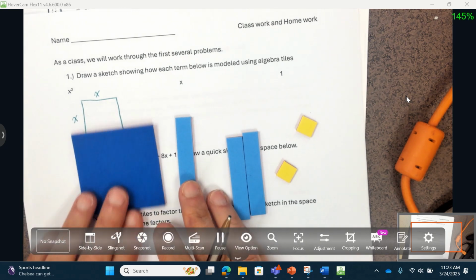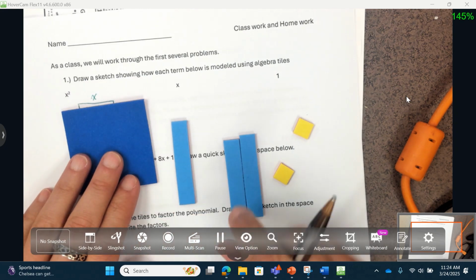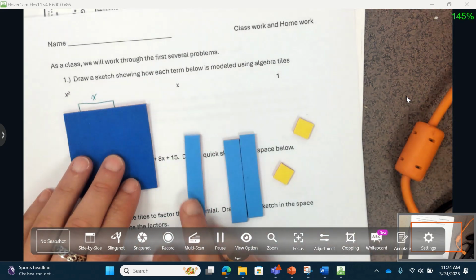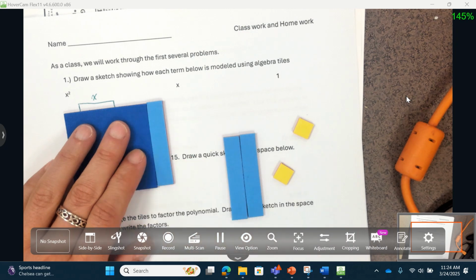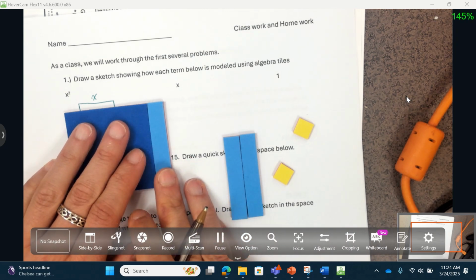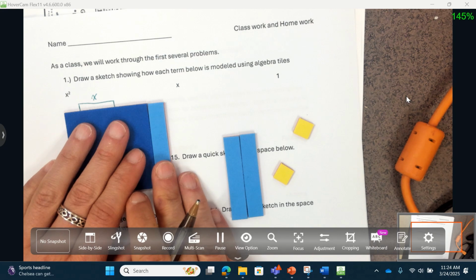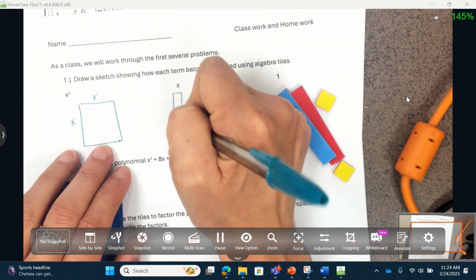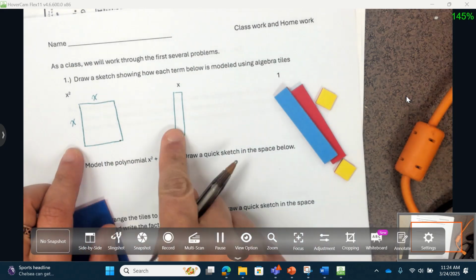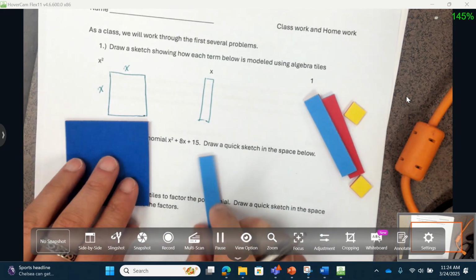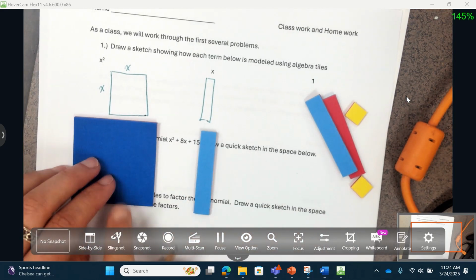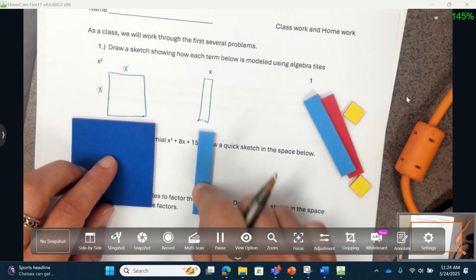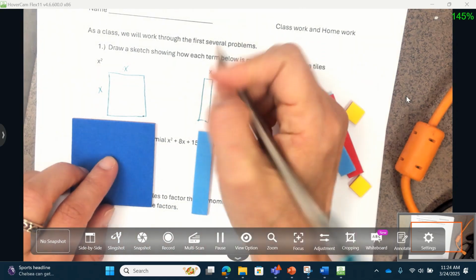Now, if you look at the way the algebra tiles are configured, the rectangle has the same length or height as the large square, which means that the height of that rectangle is also x, because these would match up. So if the height of the large square is x, then the height of the rectangle would also be x.